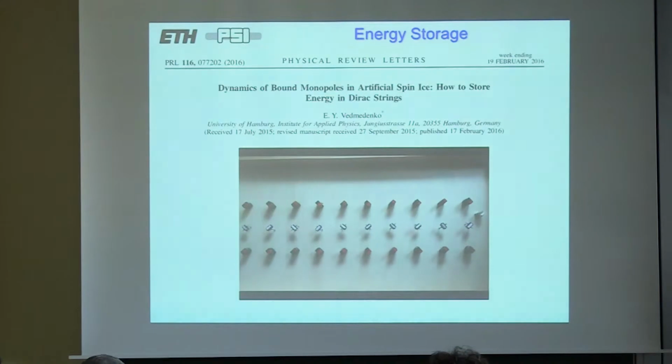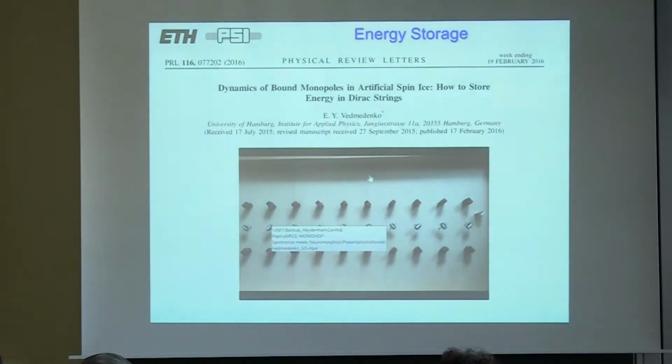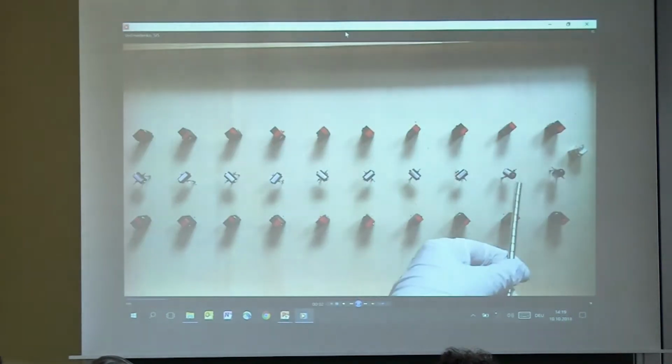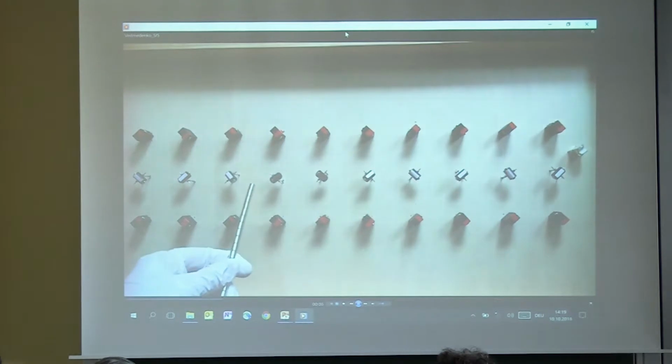Okay, and just a few more words about the square ice, some work from other people. This is actually from Elena Vedmedenko, and it's kind of nice because it shows how you can store energy in such a square ice array. And she's actually mimicked this with a macroscopic array of magnets.